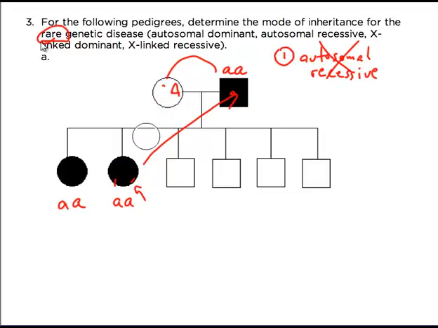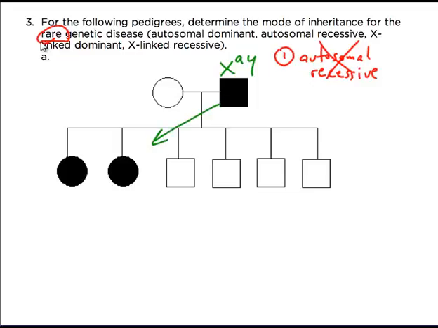What about sex-linked recessive? If that was the case, this is tedious, but it works. The father would be X little a Y, right? Now, it is true that the father gives his X chromosome only to his daughters, so sex linkage looks attractive here. But remember that the mother also has to give one, and by the same logic we just used, she would not be a carrier.